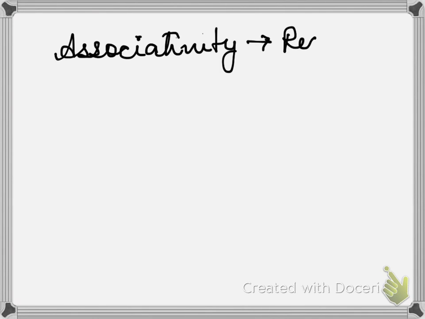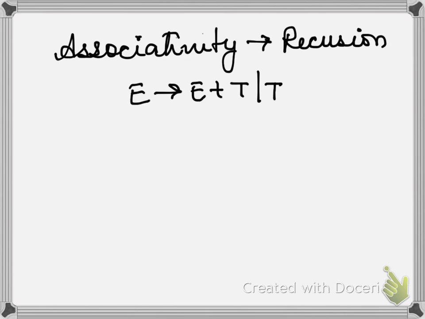So let's start. In our earlier video we have already seen that in an ambiguous grammar, in order to handle associativity, we have to introduce some kind of recursion. If an operator is left recursive, I have to write it like this: E plus T or T. Here E is calling E, so this is a recursion.